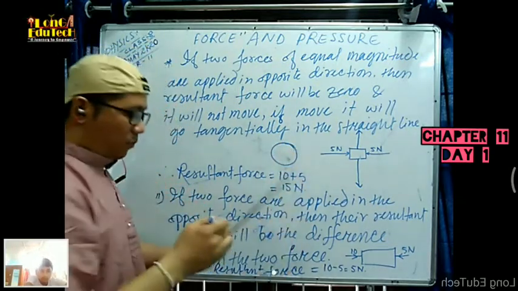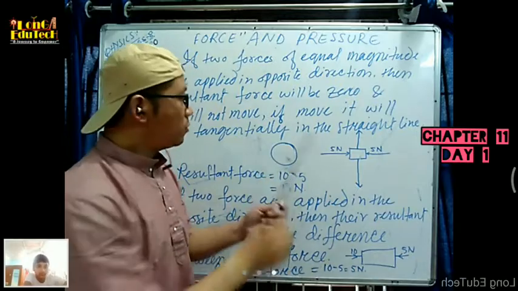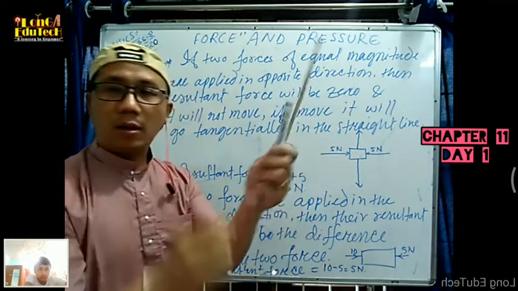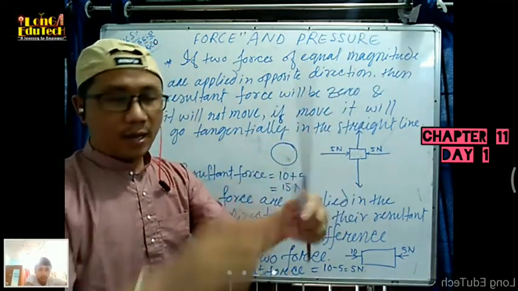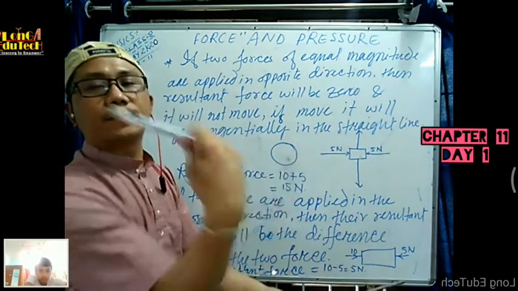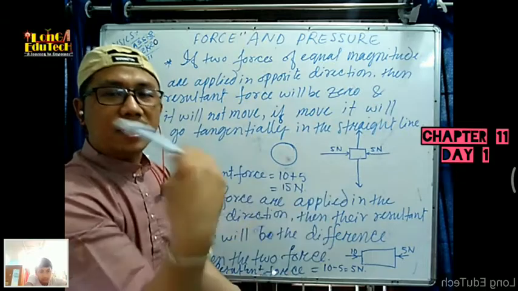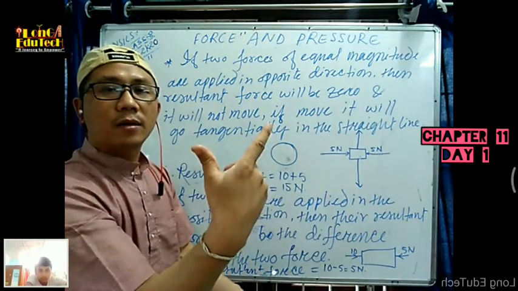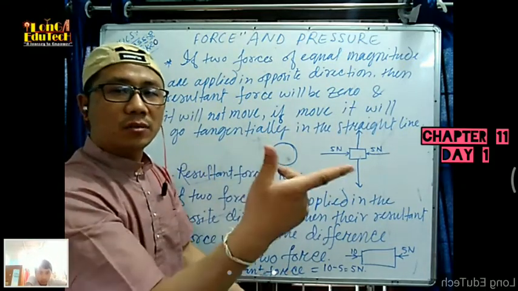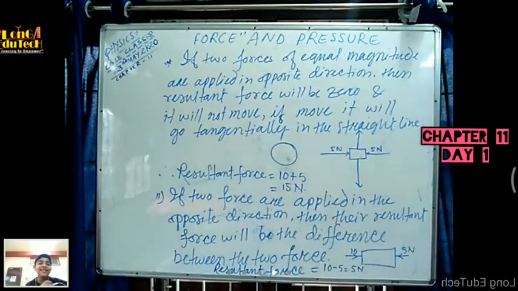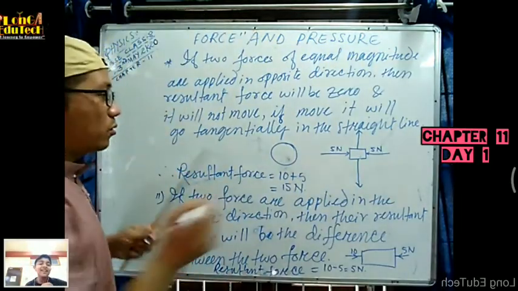Suppose you tie a ball with a rope and you are rotating it like this, and suddenly you throw it. What will happen? It will go in a straight line.